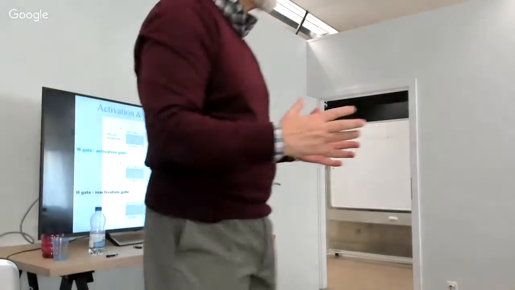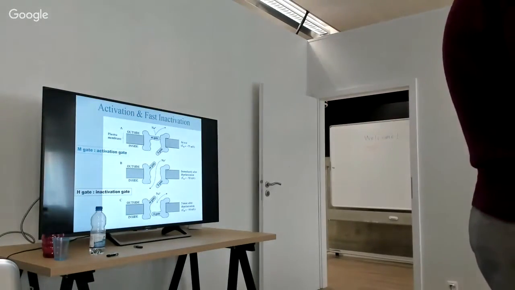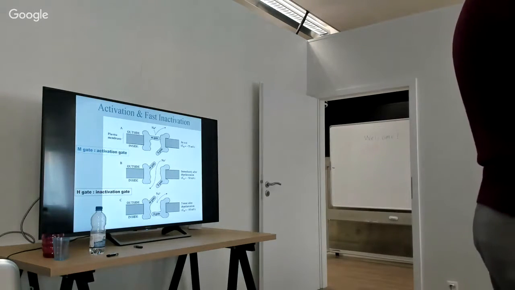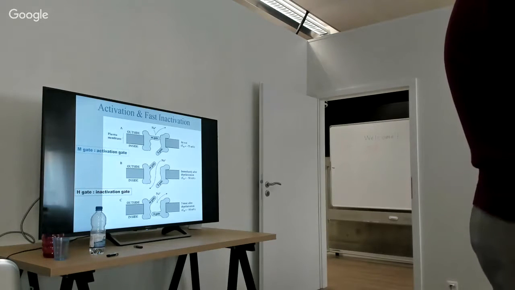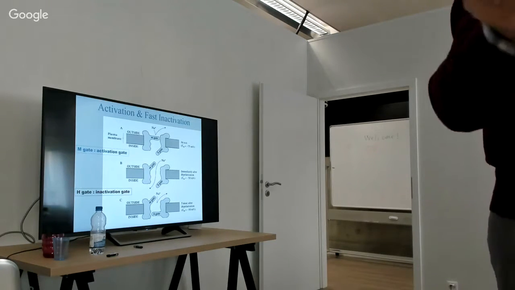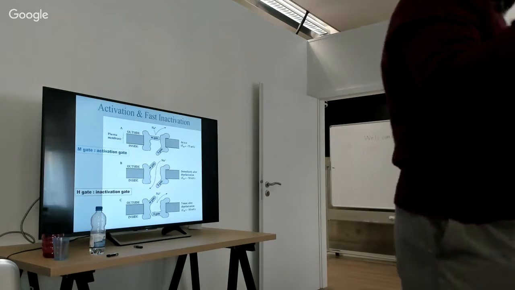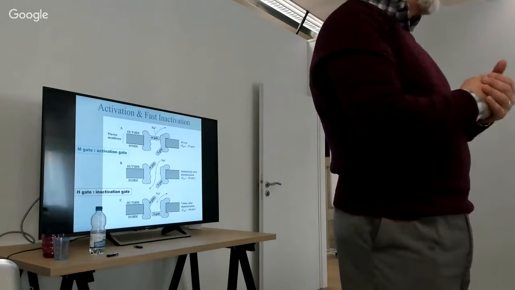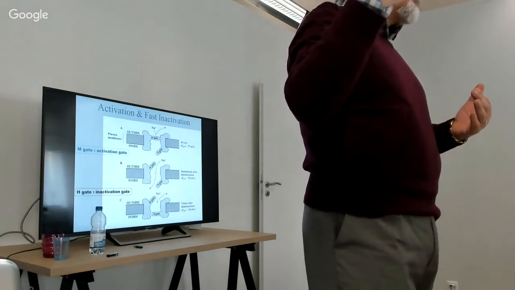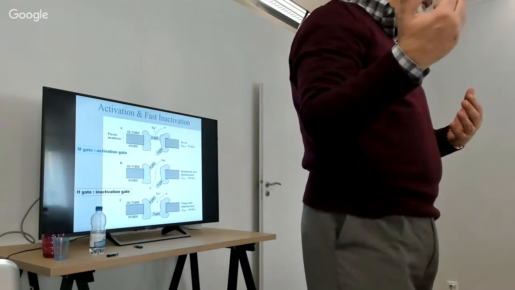This makes the channels not able to open. They don't open because this gate is closed. This gate will reopen when the cells go back in repolarization, around minus 50.